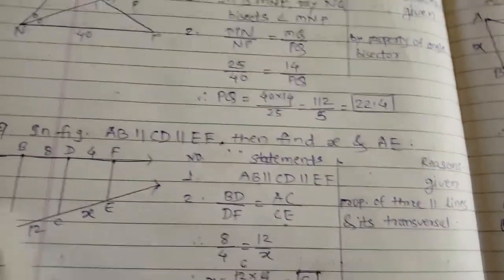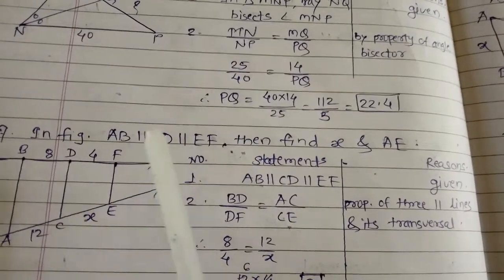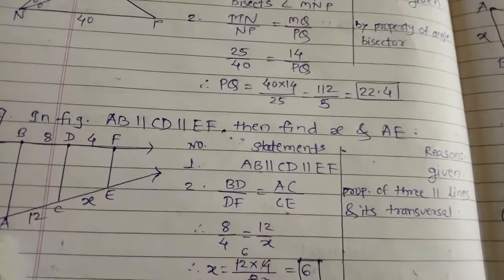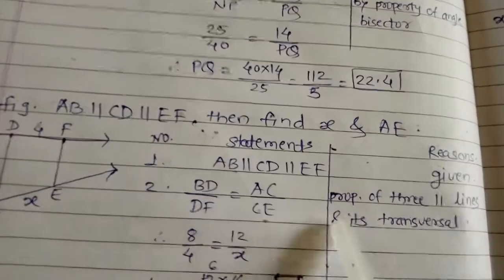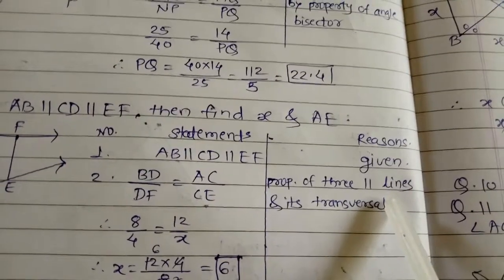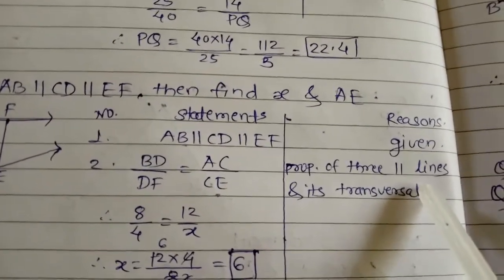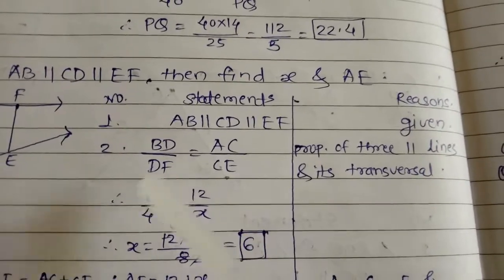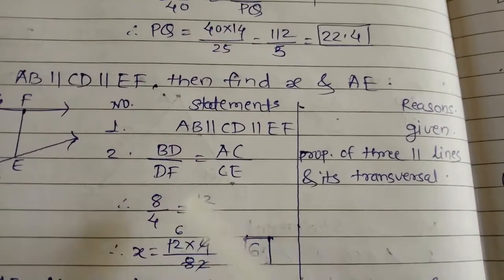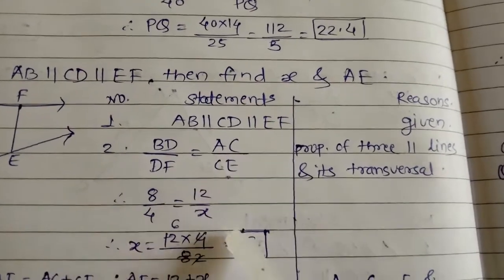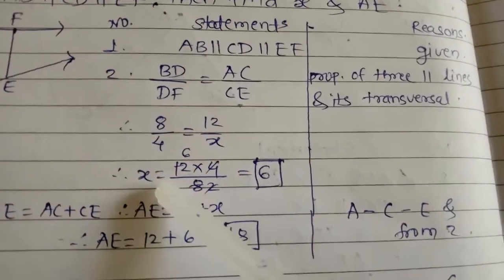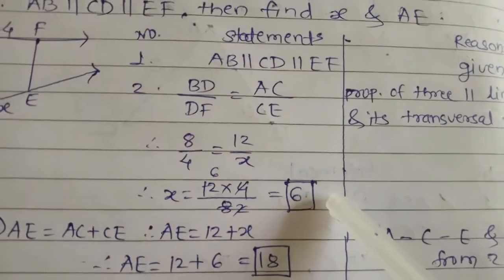Next, if the three lines are parallel, using the property we can write BD upon DF is equal to AC upon CE, by the property of three parallel lines and their transversal. Now just put down the values. So we get 8 upon 4 is equal to 12 upon X. By taking cross multiplication, we get the value of X as 6.